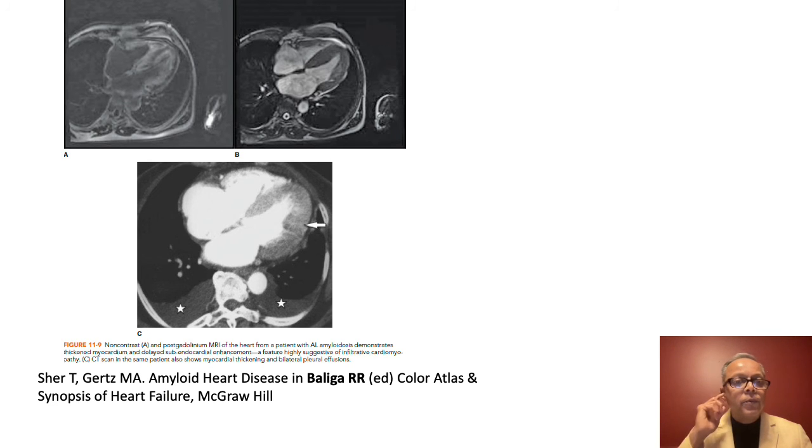In the same chapter, this figure shows a non-contrast MRI, figure A, and post-gadolinium MRI in the top panel, which show amyloidosis. The left panel shows left ventricular wall thickening, and the right panel shows delayed subendocardial enhancement, highly suggestive of infiltrative cardiomyopathy. And the lower panel shows a CT scan, which shows myocardial thickening and bilateral pleural effusions.